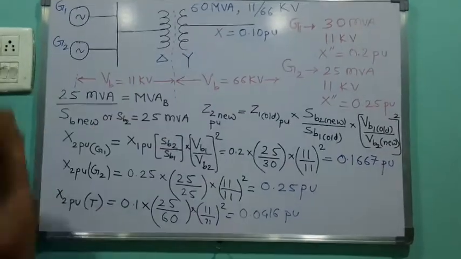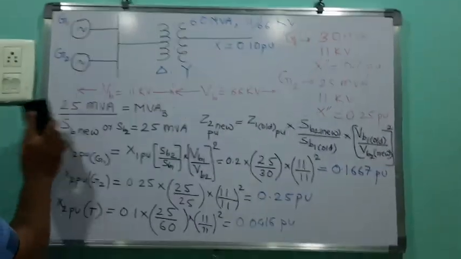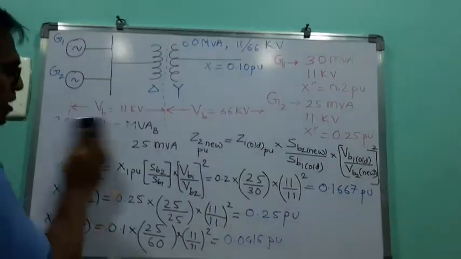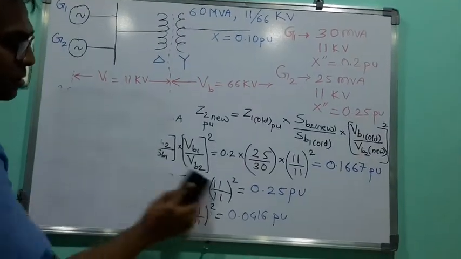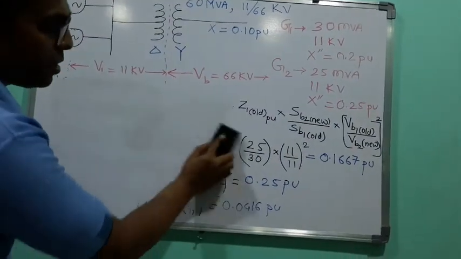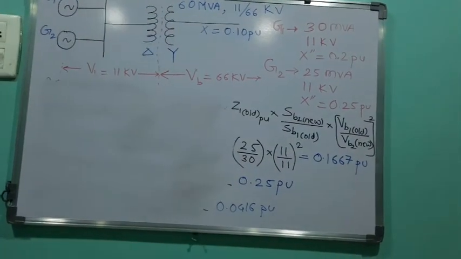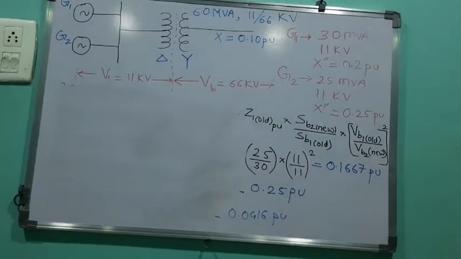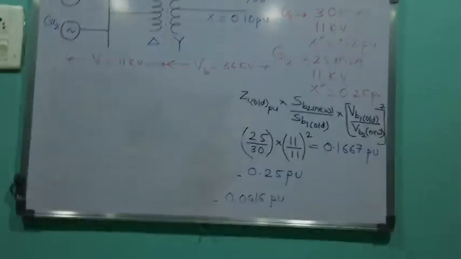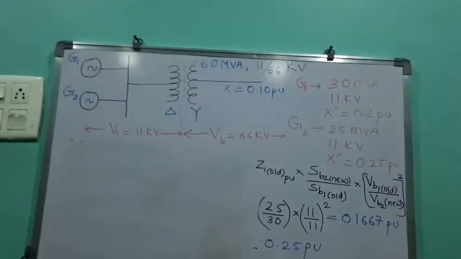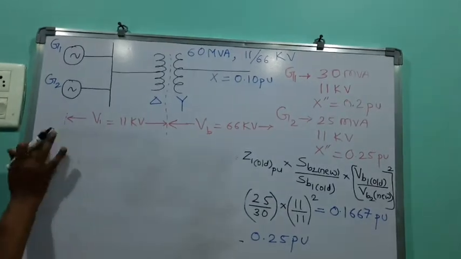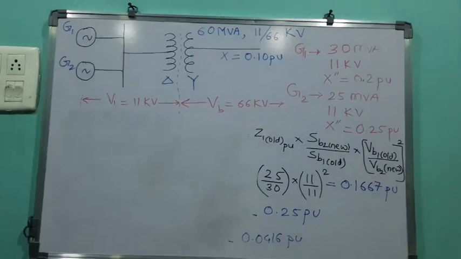So how to draw the reactance diagram? What is the basic aim? We have to draw the reactance diagram like this. So the diagram is like this. See how many generators are there?